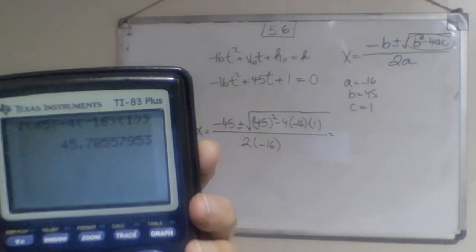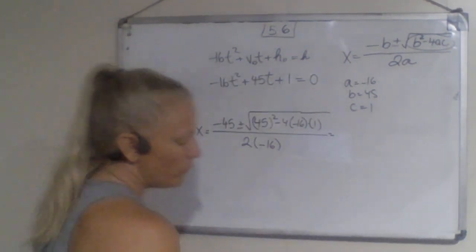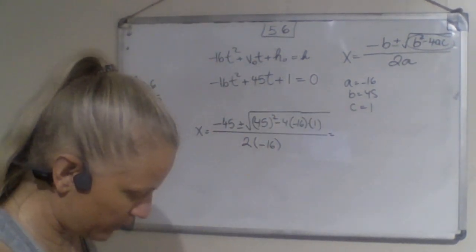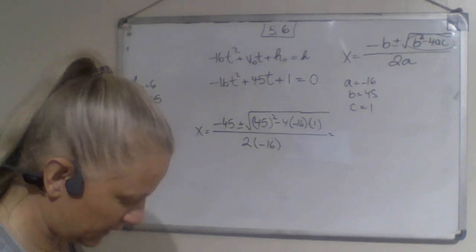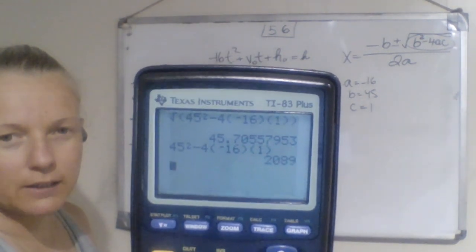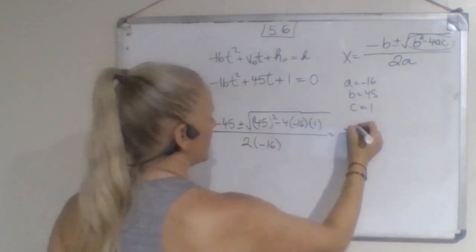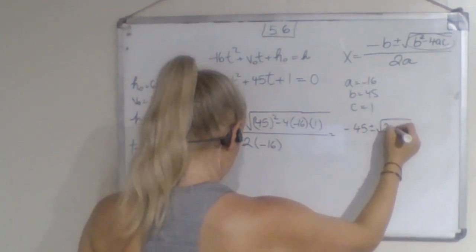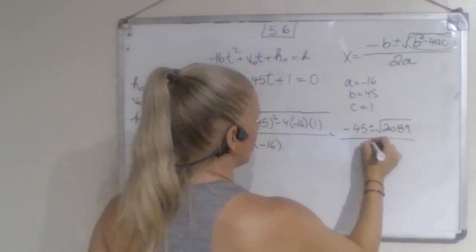Well, let's not put on the square root because we want to keep the expression together. I just put it without the square root. I get 2089. So this becomes negative 45 plus or minus the square root of 2089 all over negative 32.